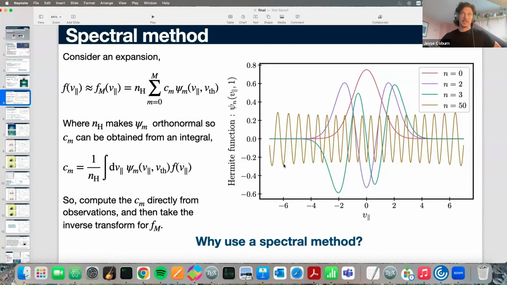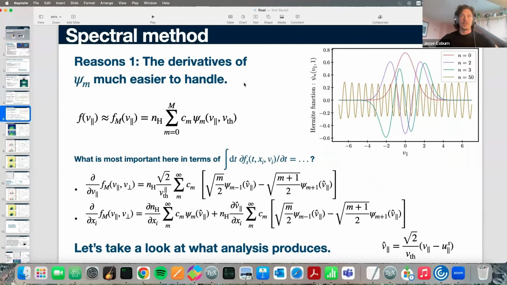Now, the question to ask is, why do I use a spectral method? The first reason is that the derivatives of these Hermite functions, or these functions in general, are much easier to handle. If we come back to our question of what is most important here in terms of finding a solution, we have methods to describe the gradients.